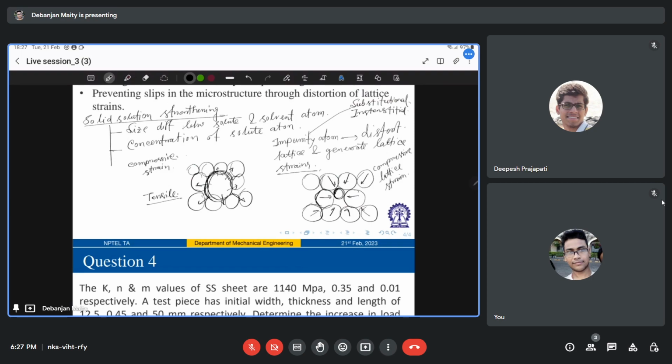So here it will feel tensile, right? So that's how these impurity atoms, substitutional or interstitial, whatever, act as a barrier for your dislocation motion. Correct? Understood?